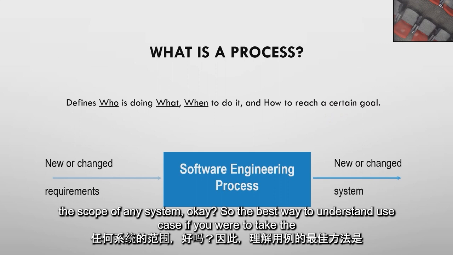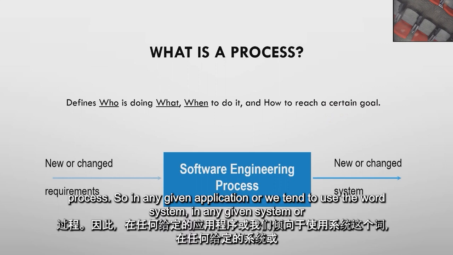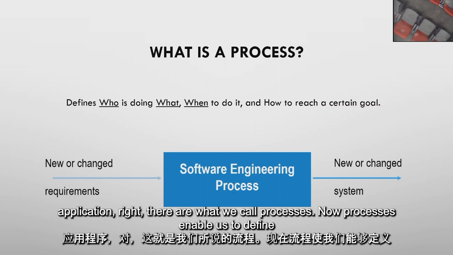Okay, so the best way to understand a use case, if you were to take the traditional understanding or even the generalistic computing principle, is to comprehend what is a process. So in any given system or application, they are what we call processes.